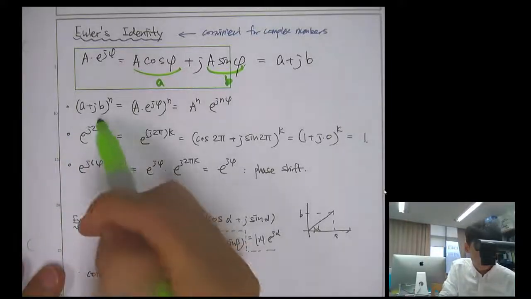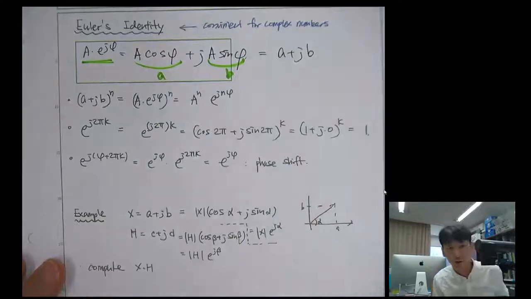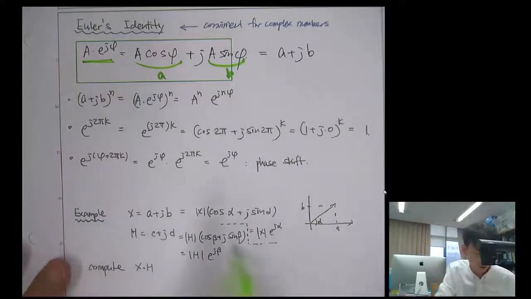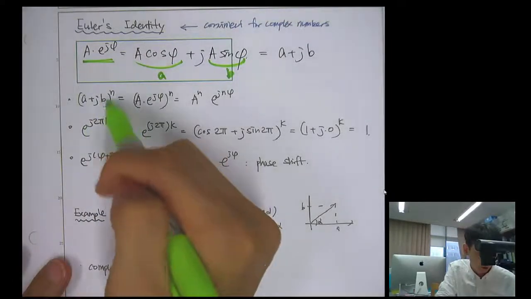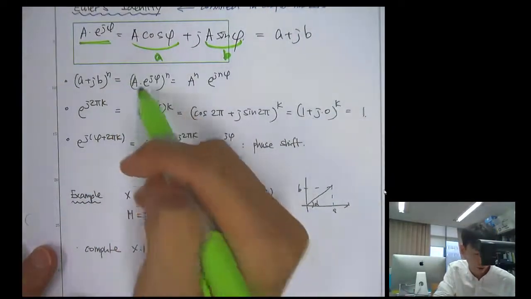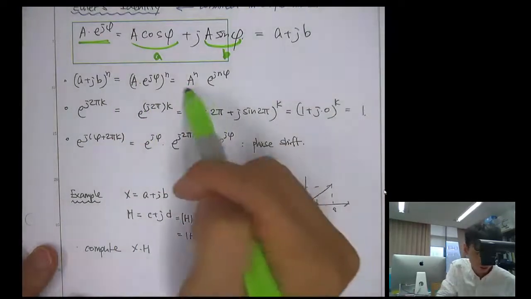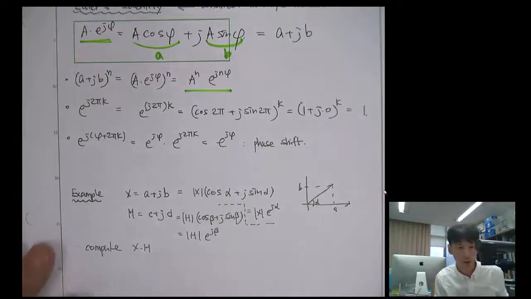If you have this kind of signal, or the mathematical form for the signal, and you raise it to the power n, then because it's an exponential term, it can be easily calculated, right?